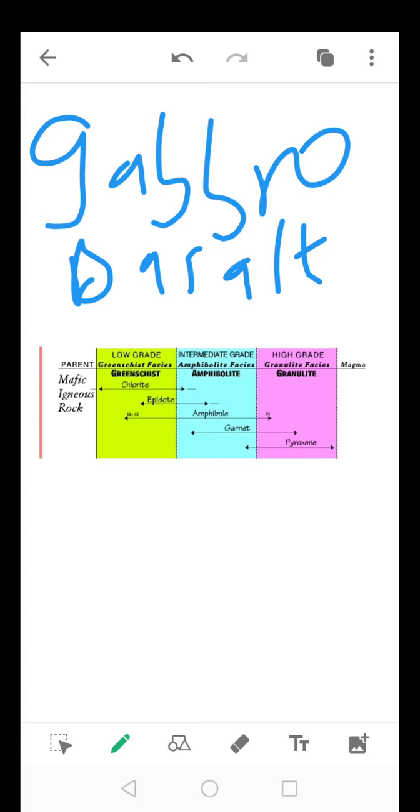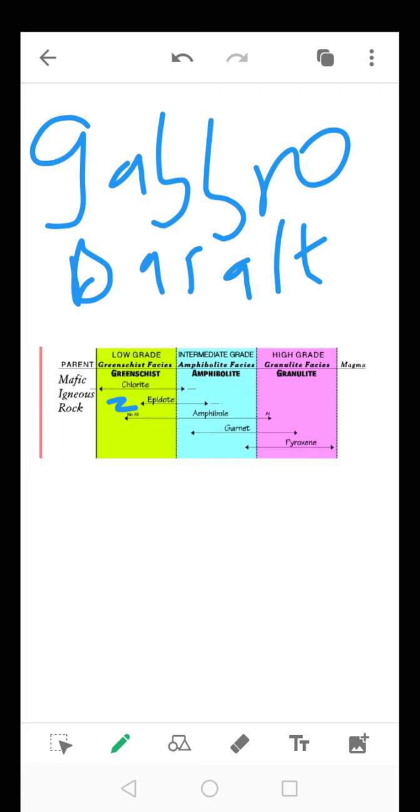Now, the mafic rocks, when they undergo metamorphism, form the rocks such as greenschist, amphibolite, and granulite, respectively. And now you can see that within each grade, let's start with the low grade, you start to see the chlorite, which is still the first mineral appearance in the low grade.